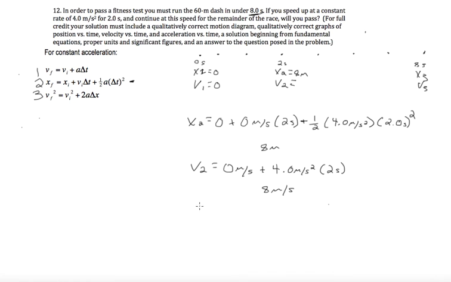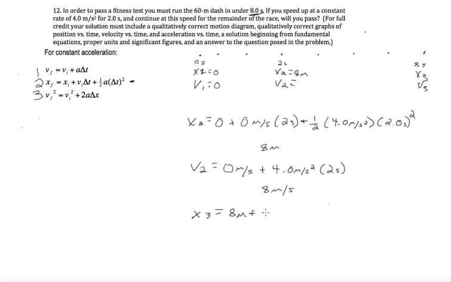So now let's find our final position. So it's going to be x3, and we're going to solve this part considering x2 as our initial position. So this will give us our final position altogether, and we won't have to do any adding at the end.